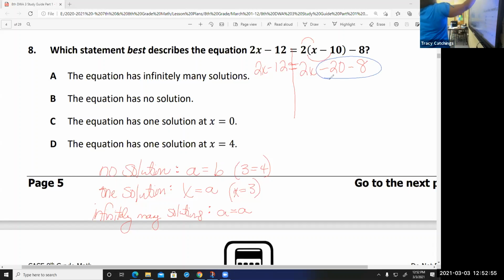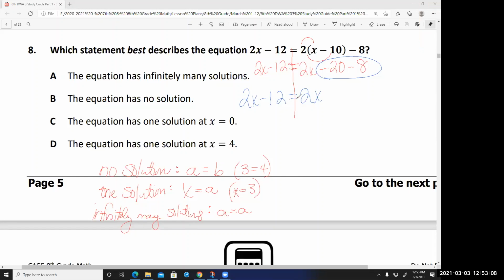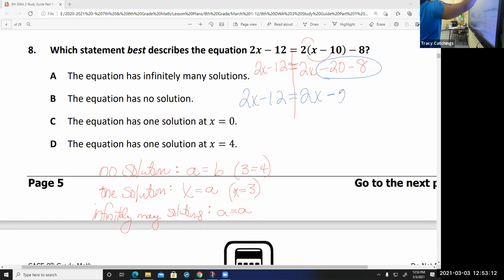What can I do with this? Those are like terms. So what is negative 20 minus 8? Check it, both of them are negative. Negative 28. So you add and keep the sign. Negative 28.